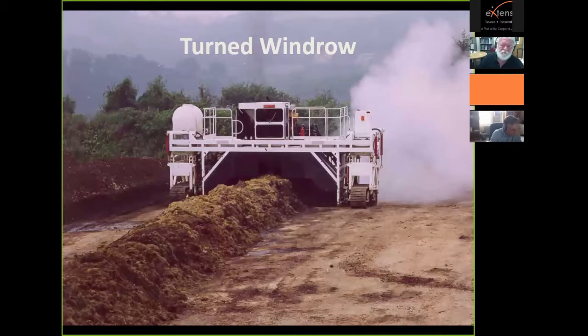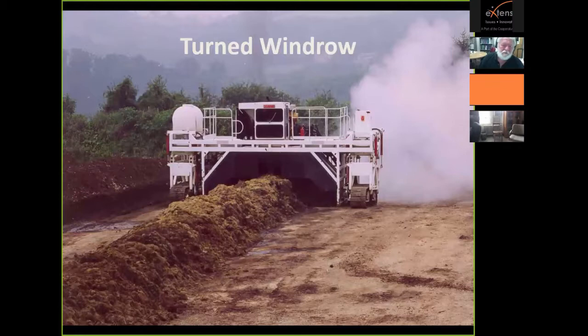Now, the big advantage of this type of straddle turner is the aisle you need for transit is much less. If you're trying to do this with a front end loader or with a tractor, you have to leave 15 to 20 feet between your piles for the equipment to move around.